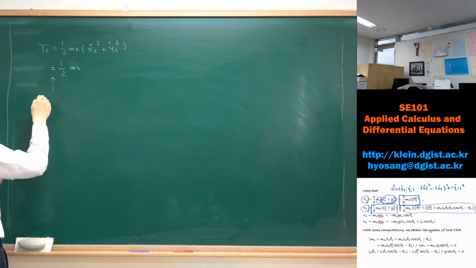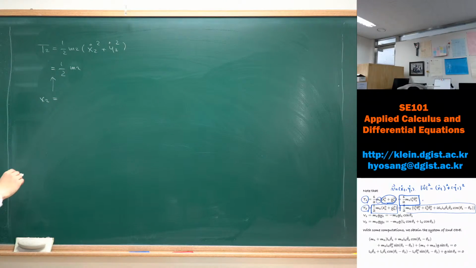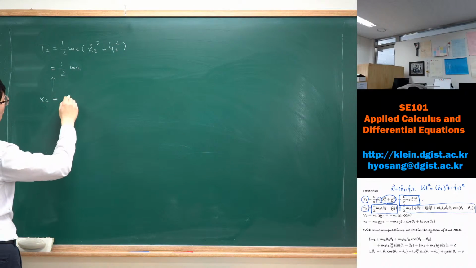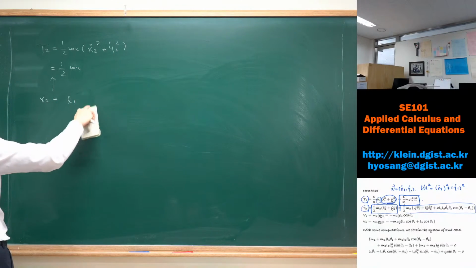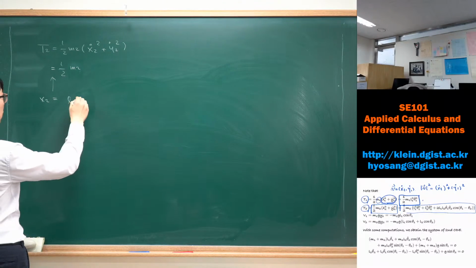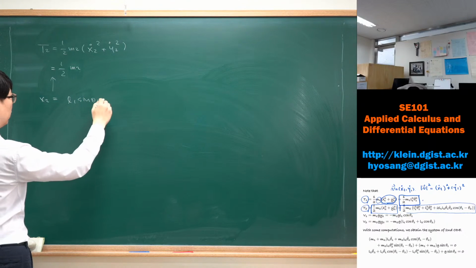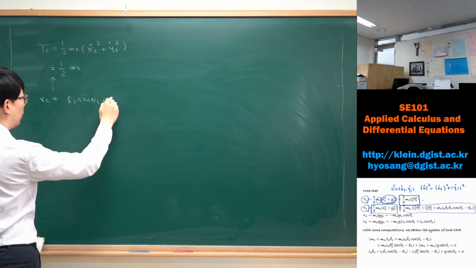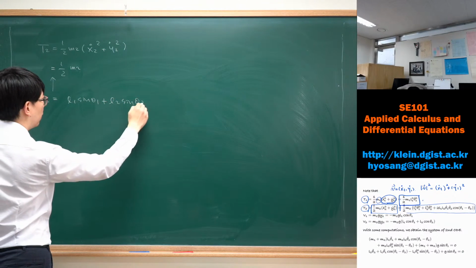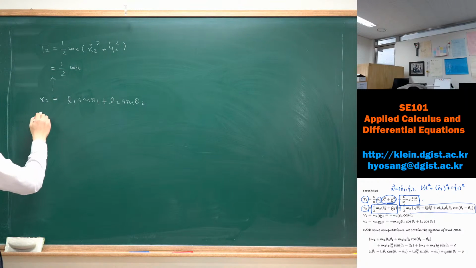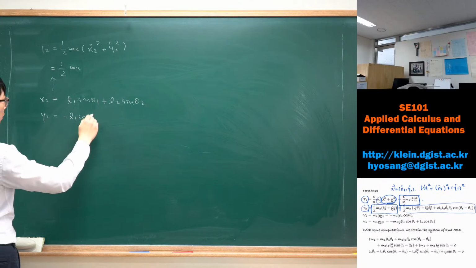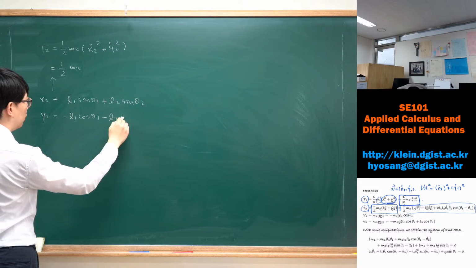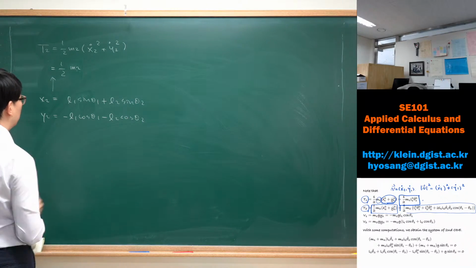Here we have x2 equals L1 sine theta 1 plus L2 sine theta 2, and y2 equals minus L1 cosine theta 1 minus L2 cosine theta 2.